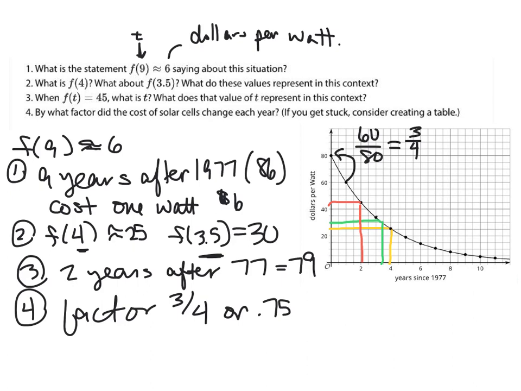And let's just check it. I'm going to go here. That was 45 over, oh, that's not an easy one to read. Hold on, I can't see it anymore. That's not that awful to read. That would be about 35, and it's going to be off a little bit.